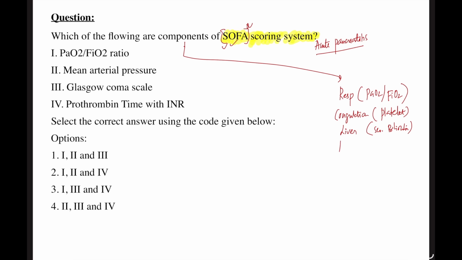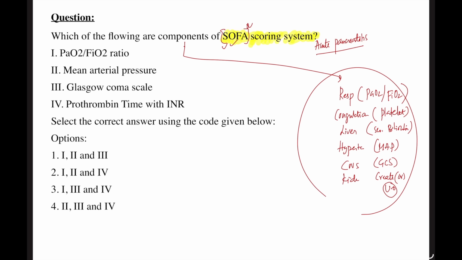For the heart, we check hypotension, that is BP, mean arterial pressure. For CNS, we check Glasgow Coma Scale. And for kidney, we check mainly either creatinine or urine output. So this is SOFA. Now we have a new parameter known as quick SOFA, which is again an examiner favorite question. Maybe next year they might ask you. I have given you all the components of SOFA: respiration, coagulation, liver, hypotension, CNS, kidney.